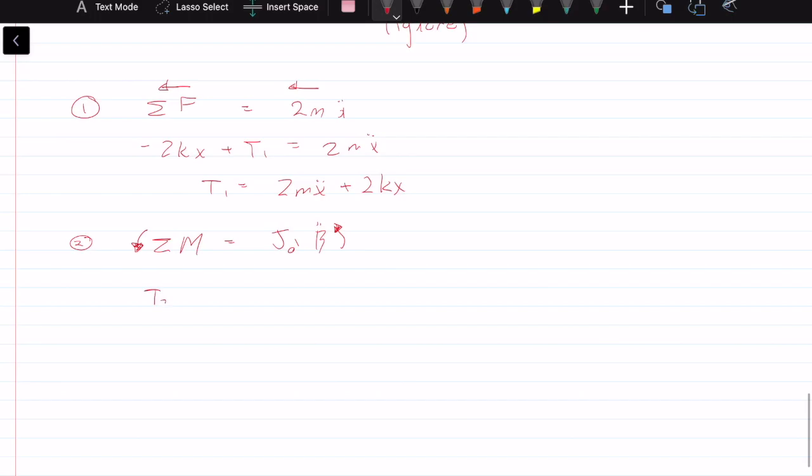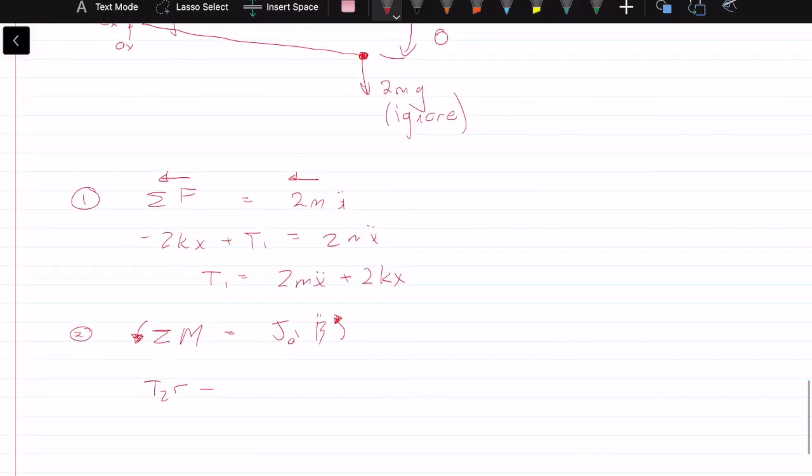So we have T2R minus T1R, the opposite direction, is equal to J O dash beta double dot. Dividing through by R, we get T2 is equal to J naught dash beta double dot divided by R plus T1.